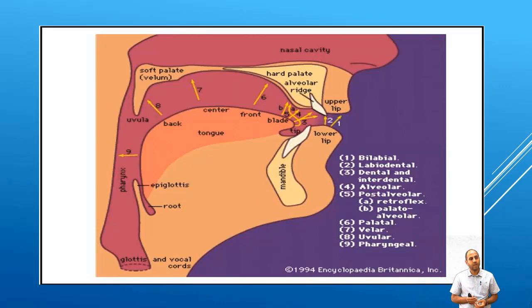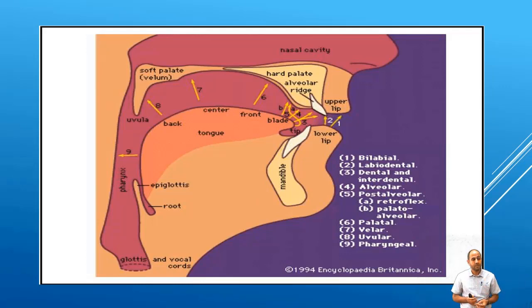More backward, we have the labiodental, in region number 2. In the third region, dental and interdental consonants are produced. Alveolars are produced in region number 4. Number 5, more backward, is involved in the production of post-alveolars, retroflex, and palato-alveolar consonants.